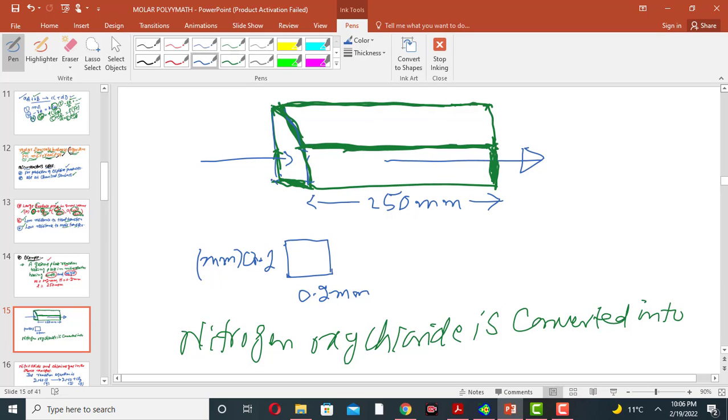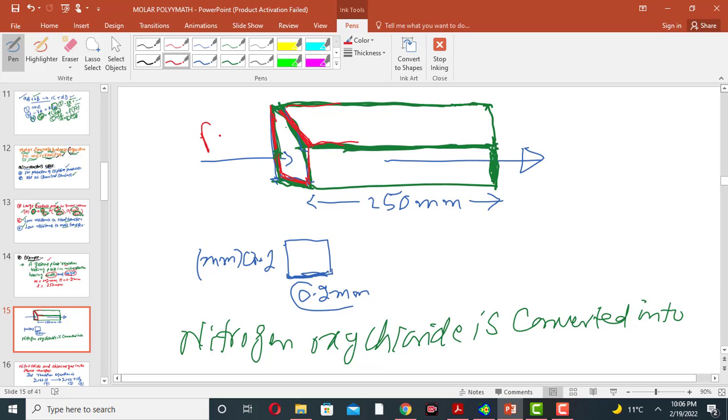This is the width of the reactor, which is 0.2 millimeter, and this is the height of the microreactor. It is a square-like microreactor.